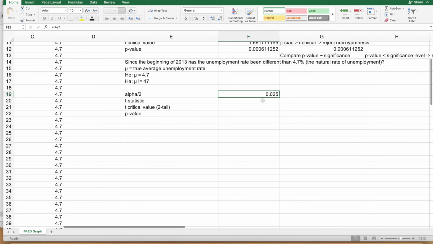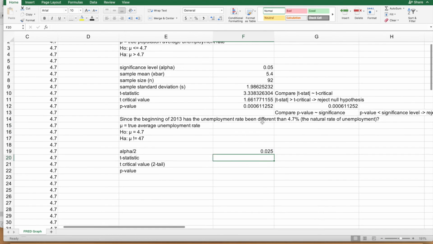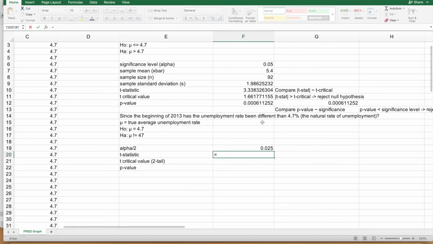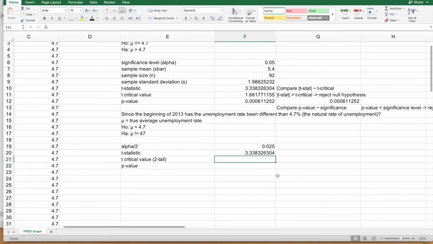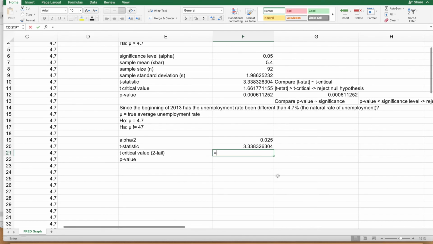So now let's grab our t-statistic again. It's going to be the same value because our sample mean didn't change. Our sample size didn't change. Our sample standard deviation isn't going to change. None of that's changing, so I'll just click on this guy right here. T-statistic is the same. Now, however, if we do equals t.inv, I have to be a little bit more careful.